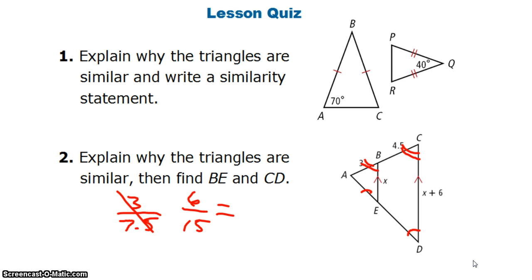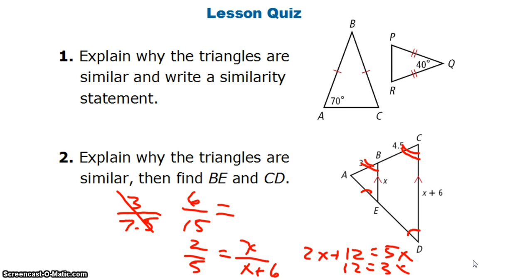So 2 over 5 equals x over x plus 6, then cross products: 2x plus 12 equals 5x, then 3x equals 12, and then x equals 4. So BE would equal 4, and then CD would equal 10.